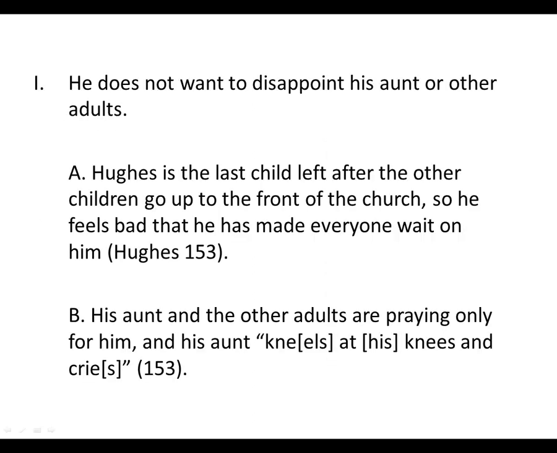Using our sample topic sentence, "He does not want to disappoint his aunt or other adults," we can find the following evidence in the story to support this claim. Hughes is the last child left after the other children go up to the front of the church, so he feels bad that he has made everyone wait on him. His aunt and the other adults are praying only for him, and his aunt kneels at his knees and cries.